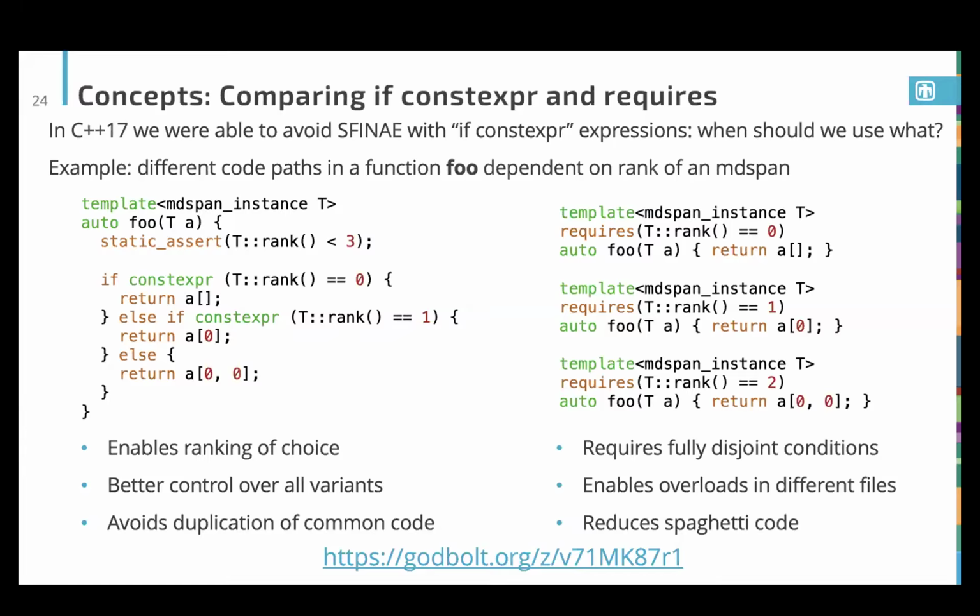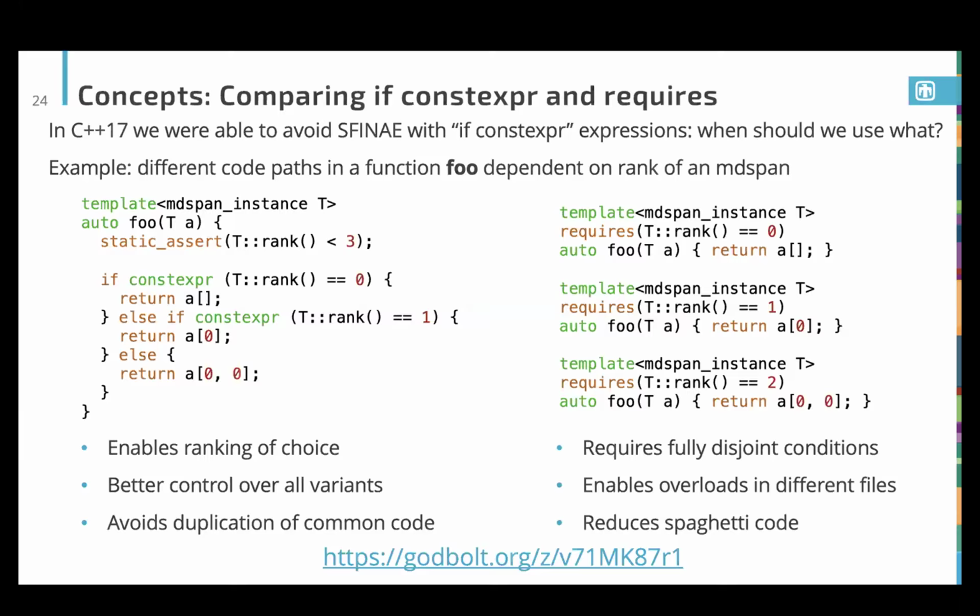The nice thing about if constexpr, the way I used it here on the left side, is there's a ranking of choice. If these choices are not mutually exclusive, you essentially can build this kind of ranked choice thing. That is something you can't do with overloads. The overloads need to be completely disjoint because otherwise you get ambiguity when it tries to choose which overload to use. With if constexpr, you have a bit better control over all the variants.